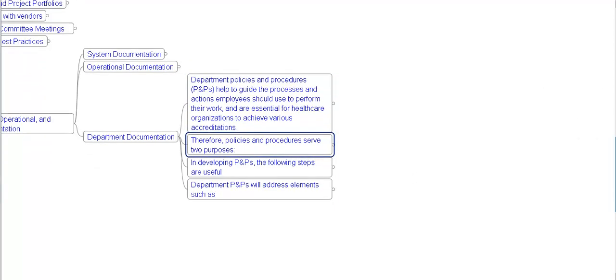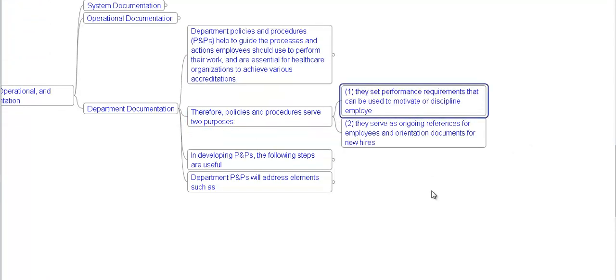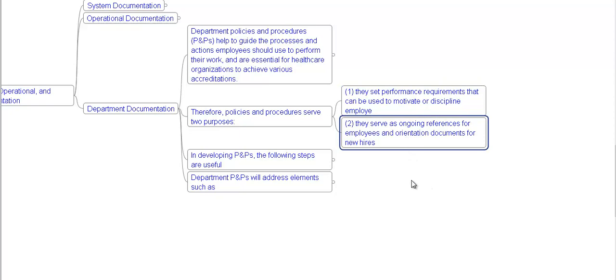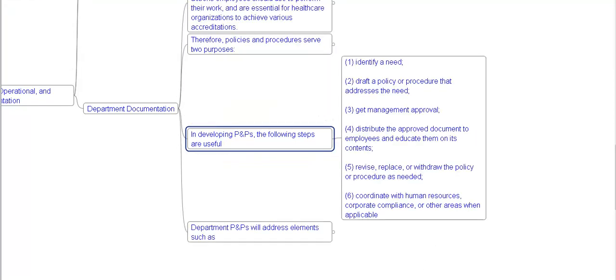Therefore, policies and procedures serve two purposes. Number one, they set up performance requirements that can be used to motivate or discipline employees. And number two, they serve as an ongoing reference for employees and an orientation document for new hires. In developing policies and procedures, the following steps are useful.